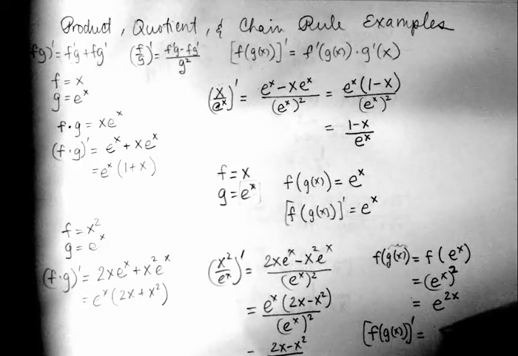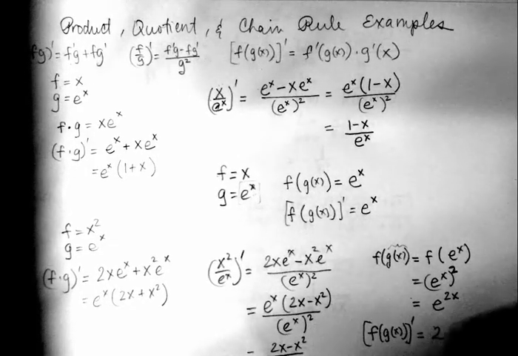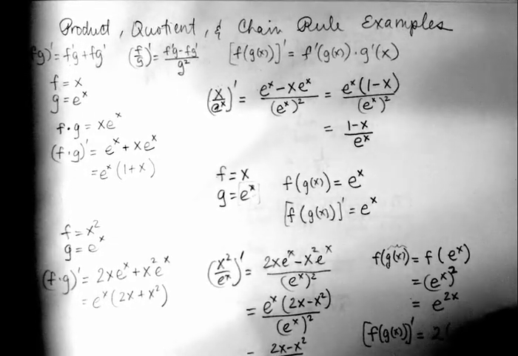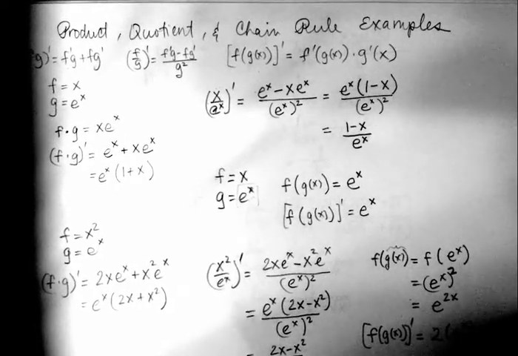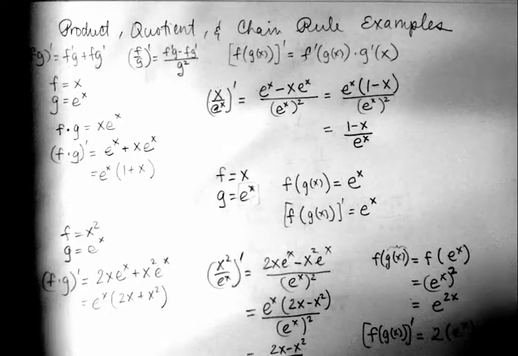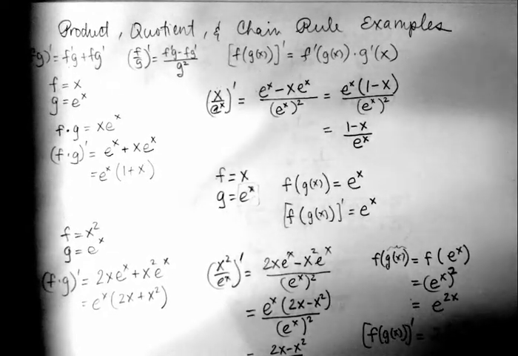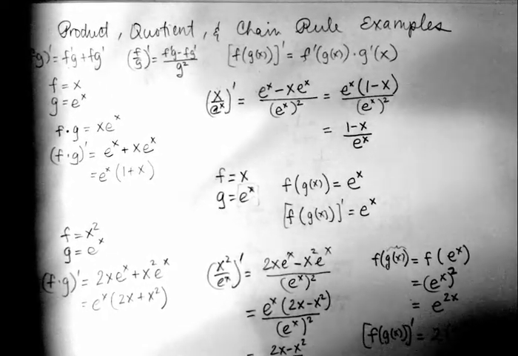The derivative of the outside function is 2 times x. And since we're evaluating it at the inside function, that's 2 e to the x times the derivative of the inside function, which is e to the x. So you'll get 2 e to the x squared, or 2 e to the 2x.